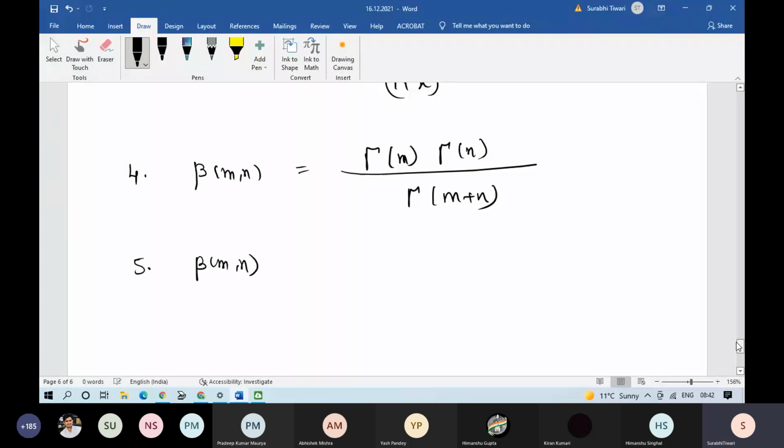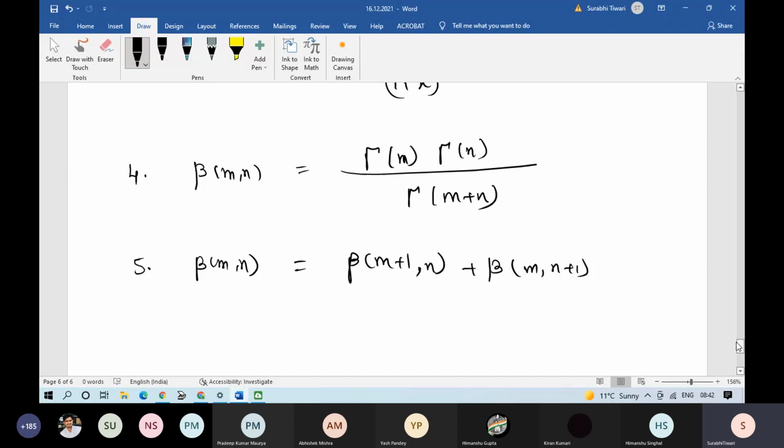Beta mn is equal to beta m plus 1 n plus beta m n plus 1. Now first find the value of this and then find the value of this, then add, and you easily get this.